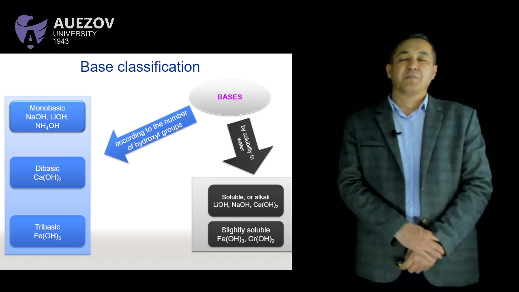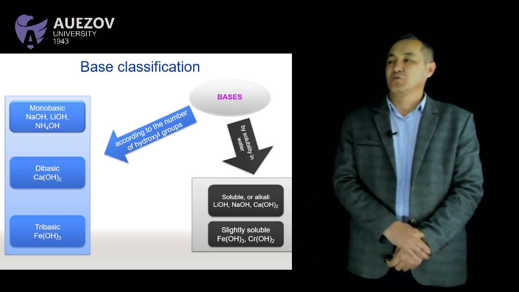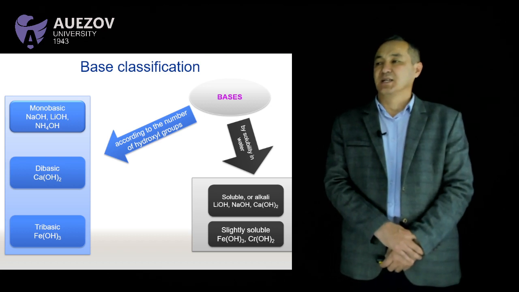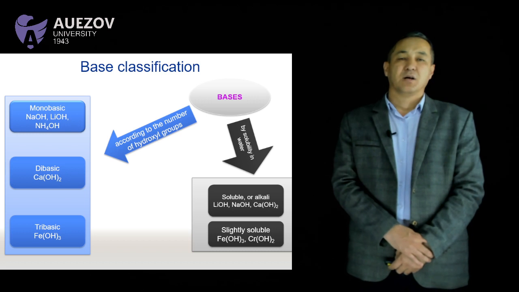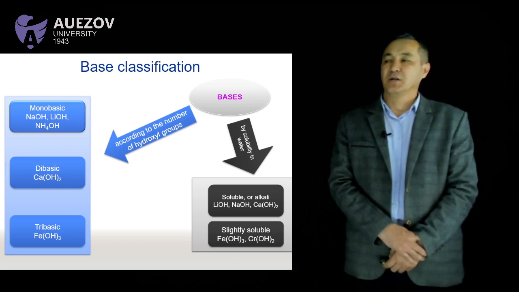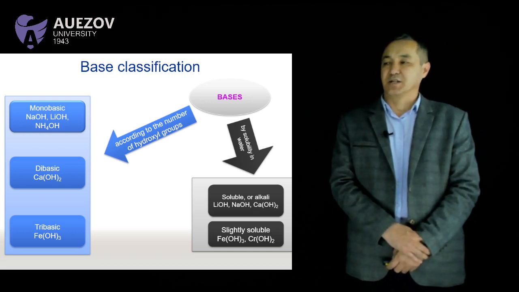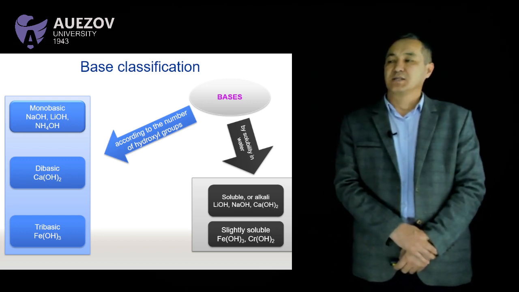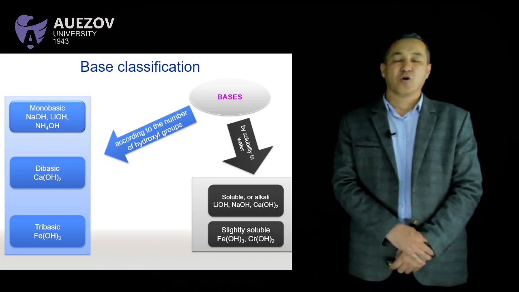According to the number of hydroxyl groups, we can classify bases into monobasic, dibasic, and tribasic bases. And by solubility in water, there are soluble bases or alkalis, for example lithium and sodium hydroxide, and insoluble or slightly soluble bases, such as iron hydroxide and chromium hydroxide.